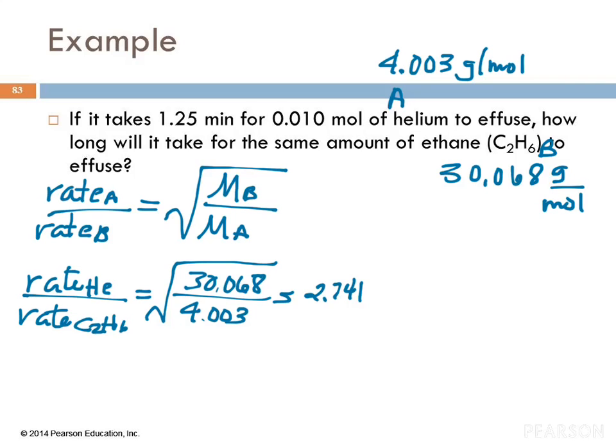What does 2.741 tell us? It tells us that the rate of helium effusing is 2.741 times as fast as the rate of ethane. Does that make sense?